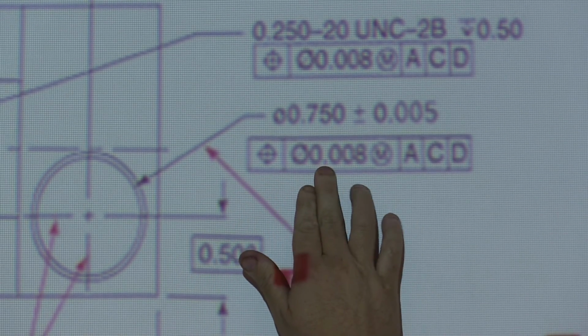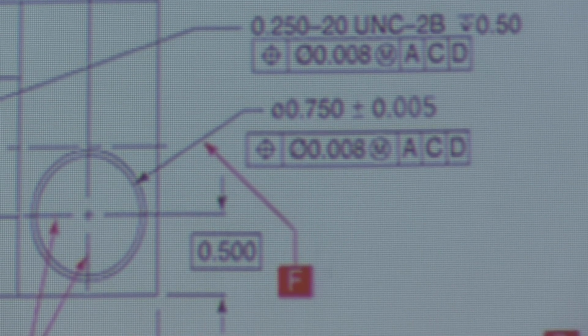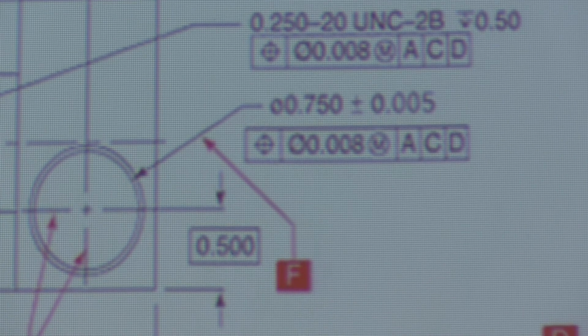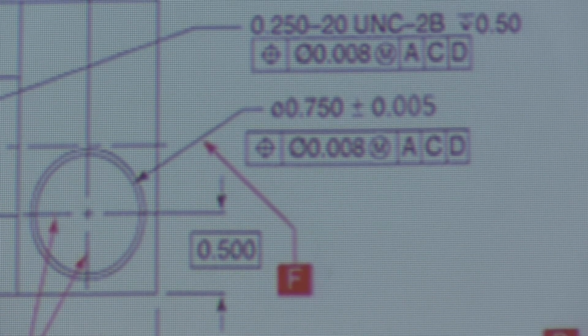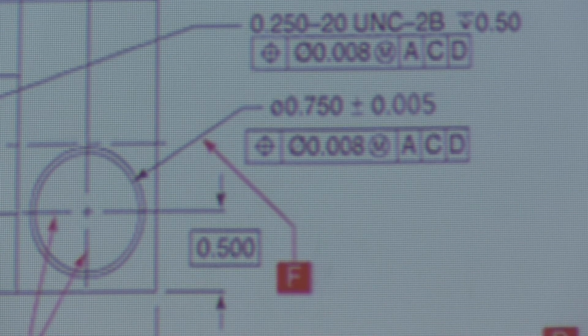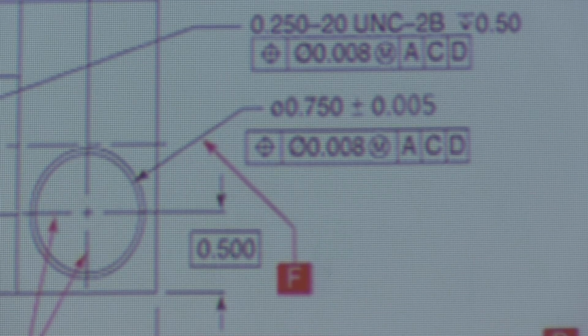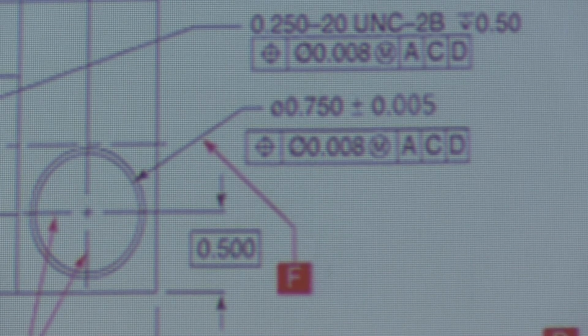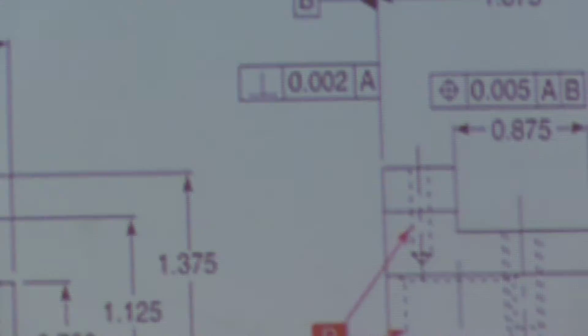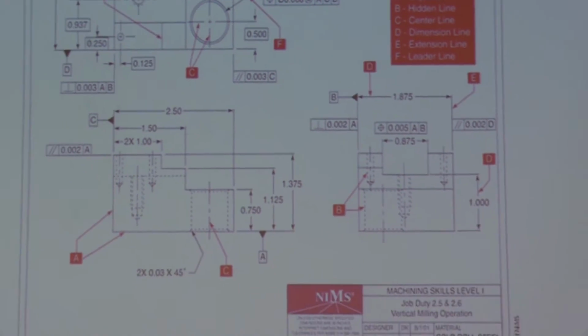The position, the diameter has to be within 0.008, 8 thousandths of an inch. Okay? So what that is talking about, so let me write it down here real quick and then we'll draw it on the board.